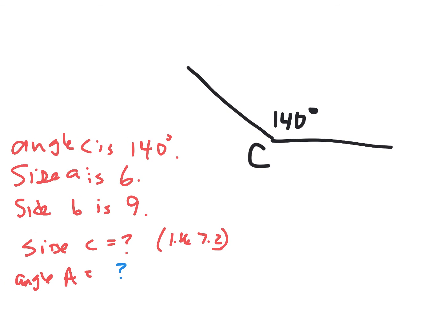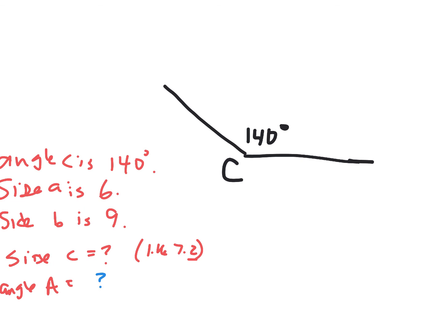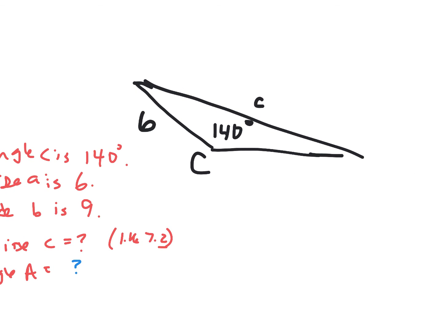That's C. Then I'm going to connect them so that I can have side C. Side C we don't know, so I'm putting a little c here. Side A is 6. Now, if I'm looking at these two sides, the way I drew it, that looks like 6, and this looks like 9. So I'm going to choose them to be those letters, because A and B can be on either side, right? So A is 6, and B is 9.